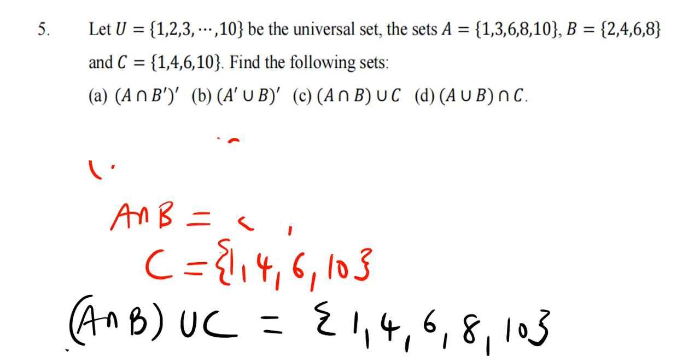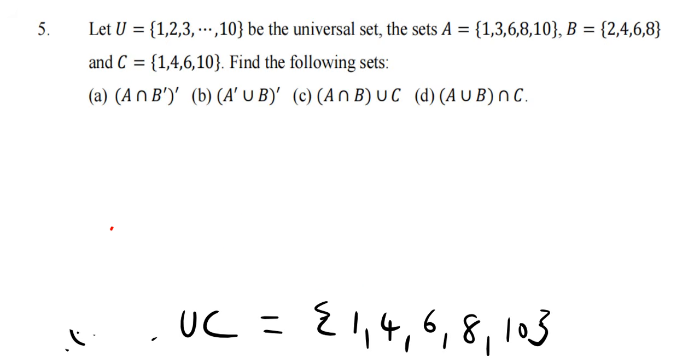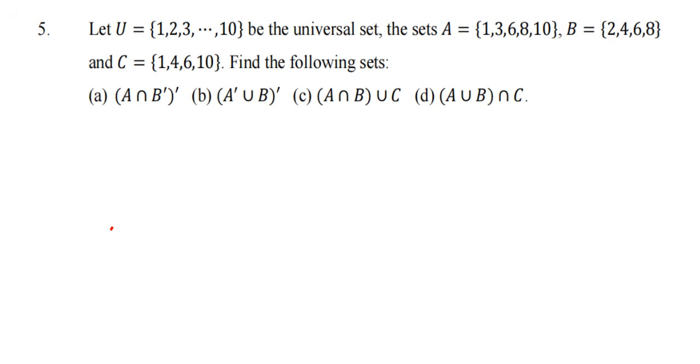Then for the last one, it's not very different. It's just that in this case, this one was union C. Now we're trying to find the intersection. I think we can also solve it. So we have this is D, A union B. Let me write A union B in advance. So what is A union B?